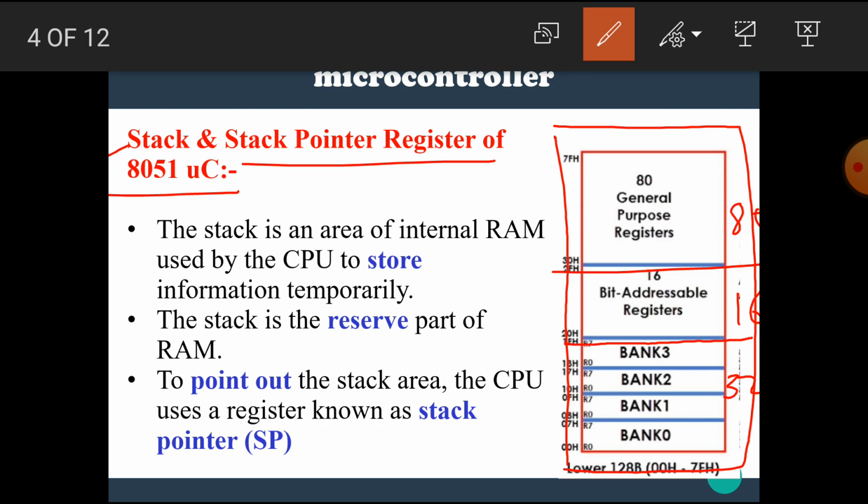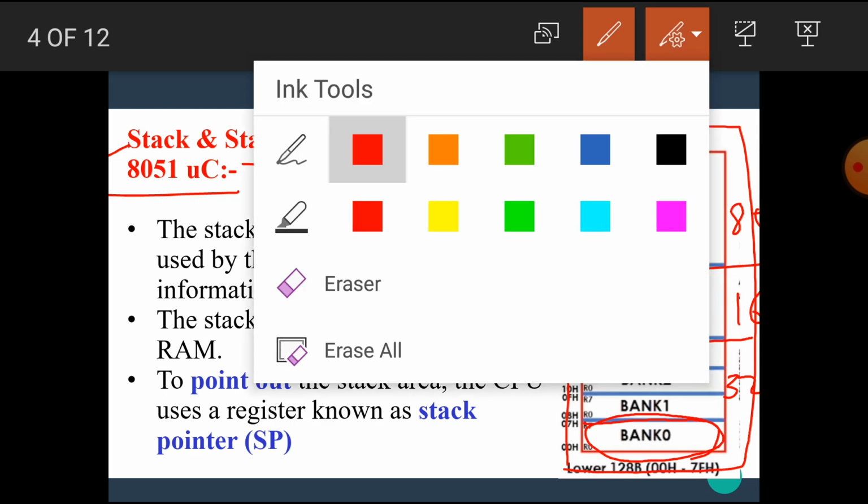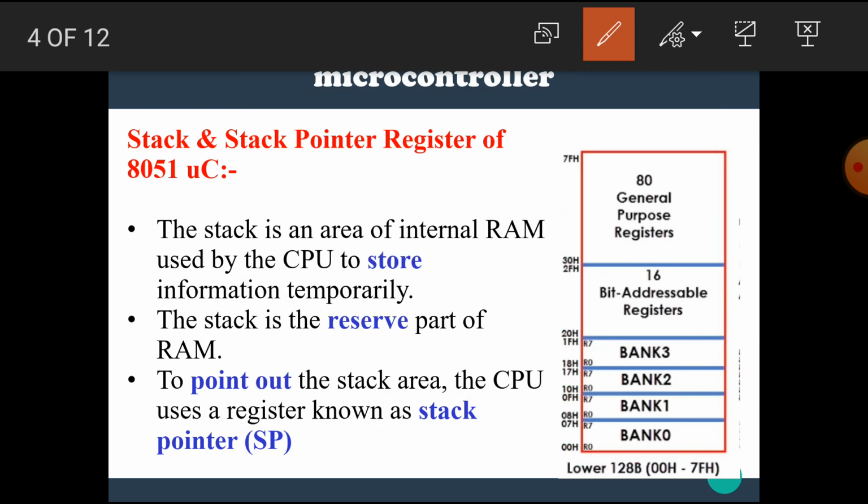Of the 4 register banks, register bank 0 is selected automatically, also called the default bank. The RAM addresses from 00H to 07H are occupied by register bank 0.